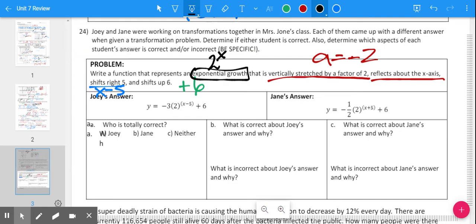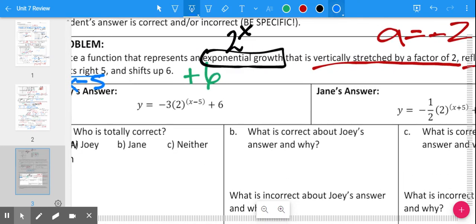So Joey's answer, he has a scale factor of -3. That's not correct. He got the negative correct, but not the 3. His x minus 5 in the exponent was correct, and his plus 6 was correct. To have that half as the base is also correct because that represents the exponential growth.